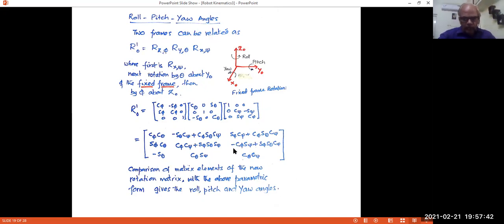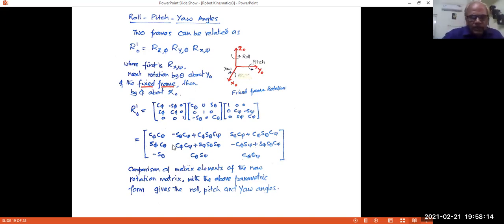When you do that, you get this expression. Similarly, you compare the rotation matrix that you have in numbers to the various elements here, and you can get theta, phi, psi, and that means you can get the matrix given by this kind of roll, pitch, yaw angles; three rotations together will produce that matrix. So you can apply roll, pitch, yaw or Euler angles depending upon what you want.